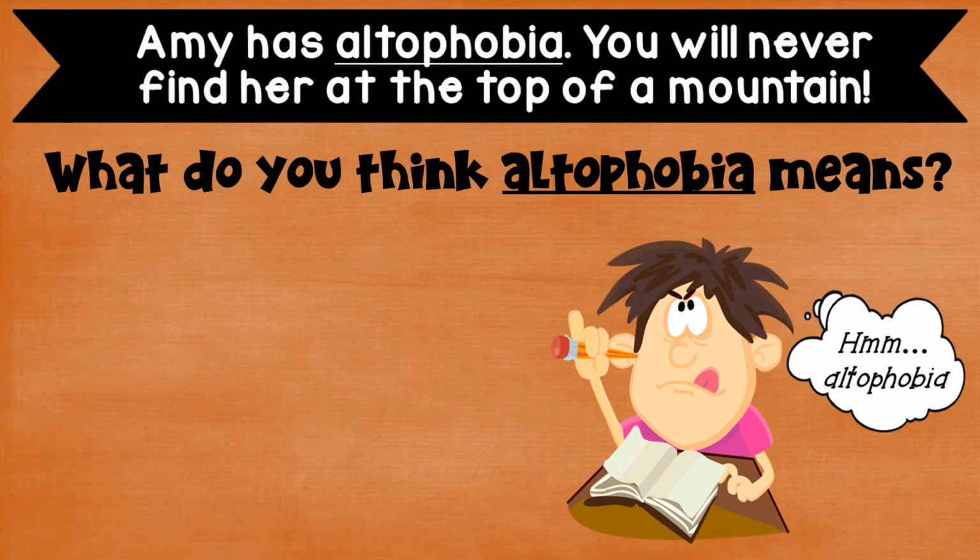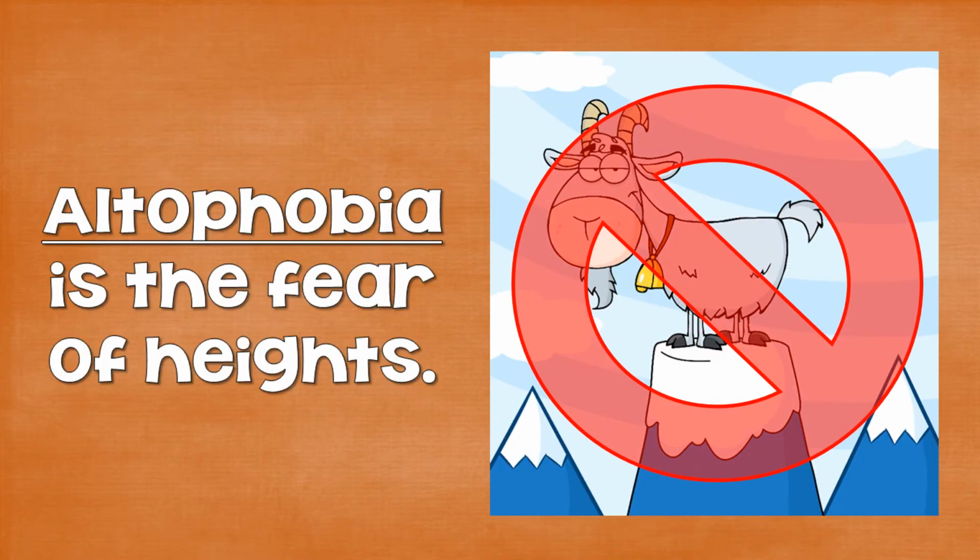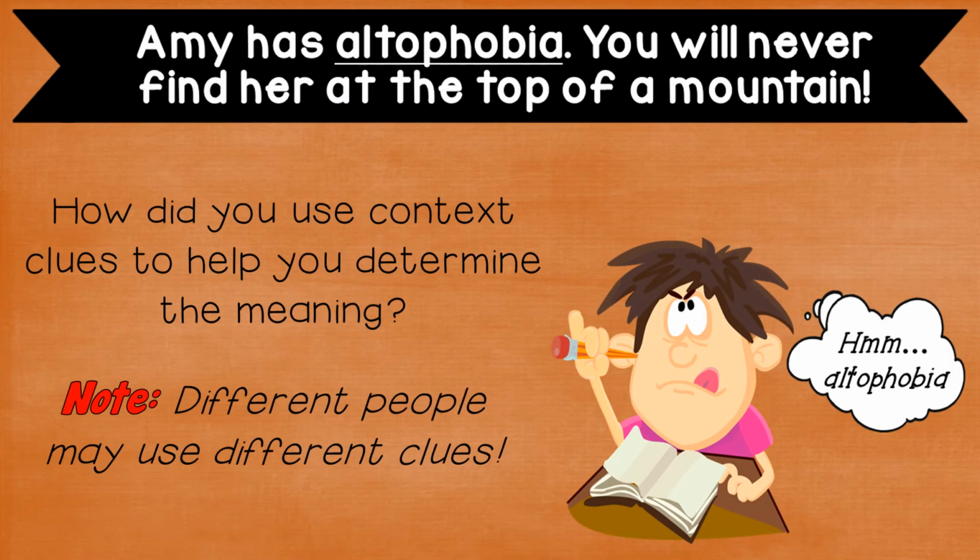What do you think autophobia might mean? It says she has it and you'll never find her at the top of a mountain. Autophobia is the fear of heights. That's why you'll never find her at the top of a mountain. How did you use context clues to help you determine the meaning?